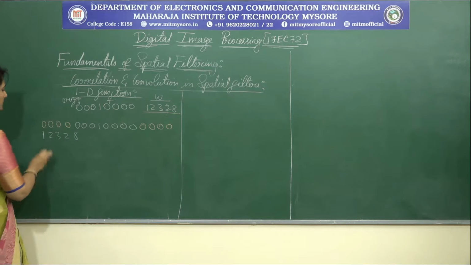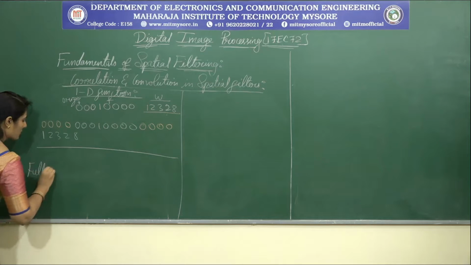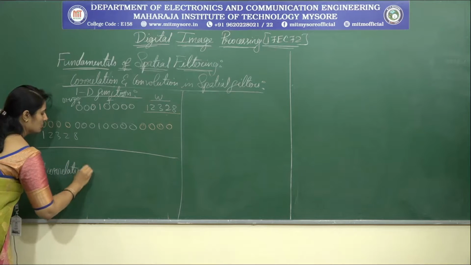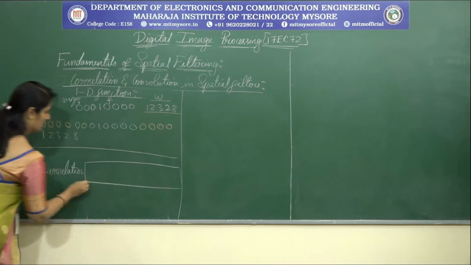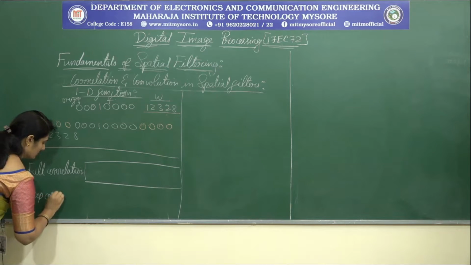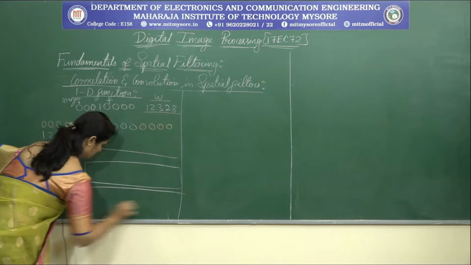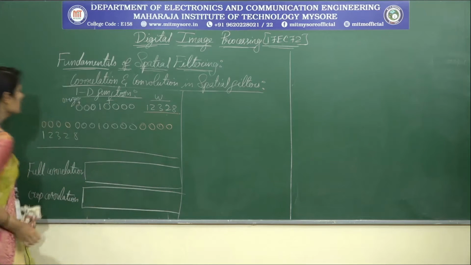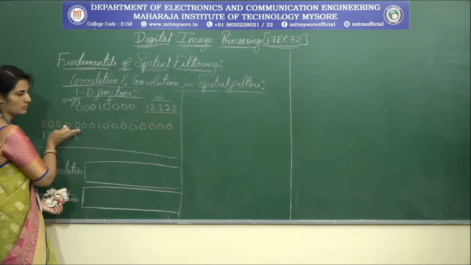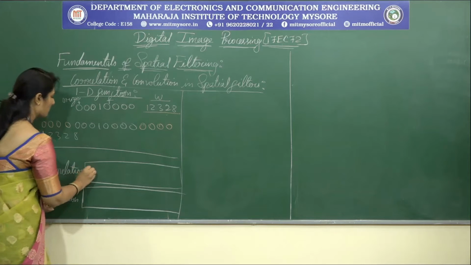Now the result of this: the full correlation result, and the crop correlation result. Here the sum of products of the mask coefficients and the function results in 0.